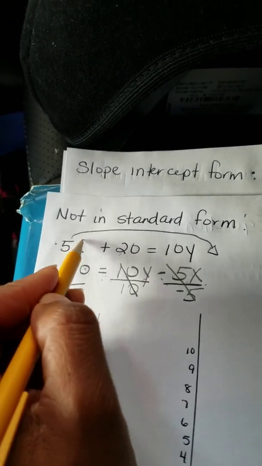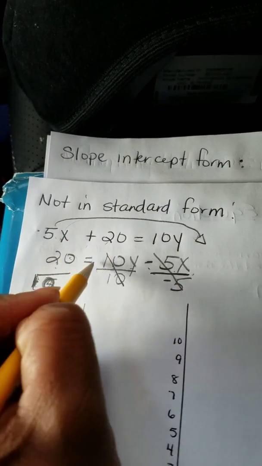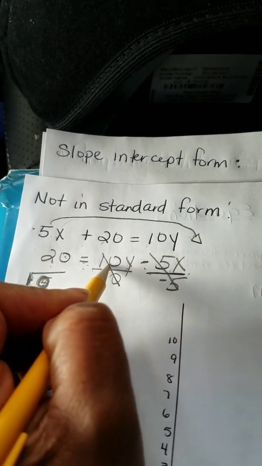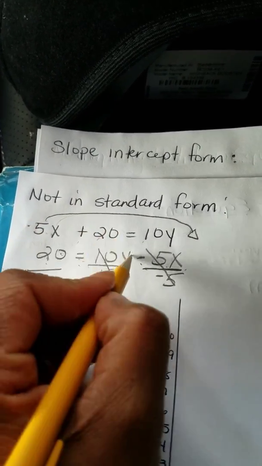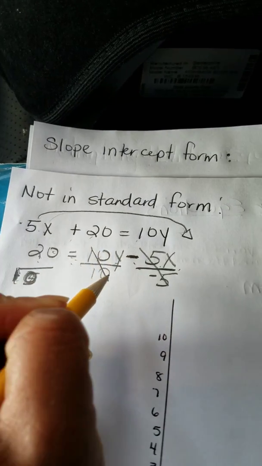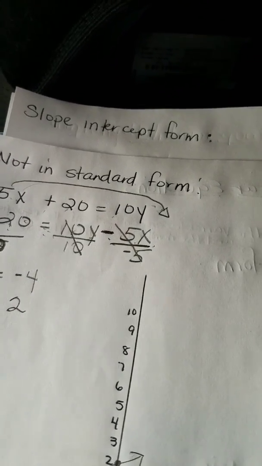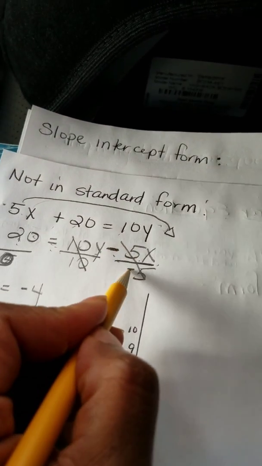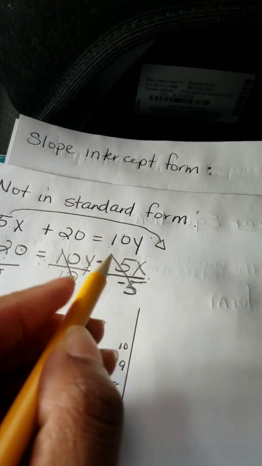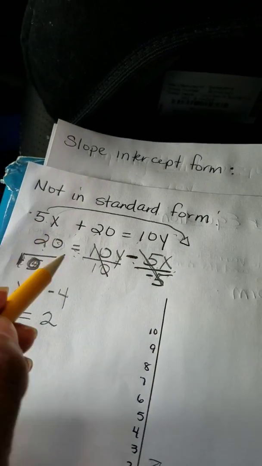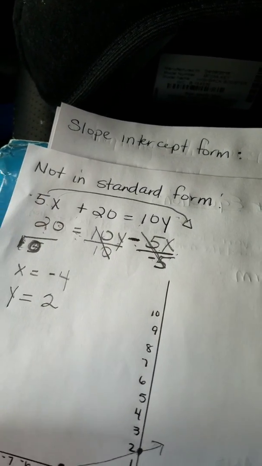The 5x I moved over, so I put equals 10y, and it's a minus 5x, because I moved it over to the other side. Now I want to get x by itself, so I bring the 5x down to cancel out, on both sides.